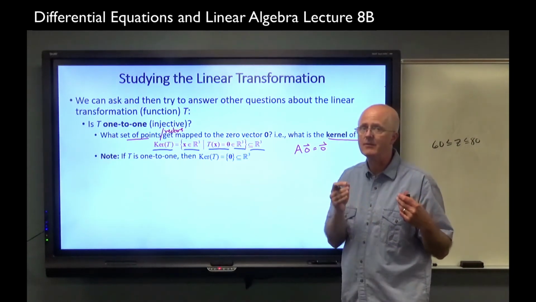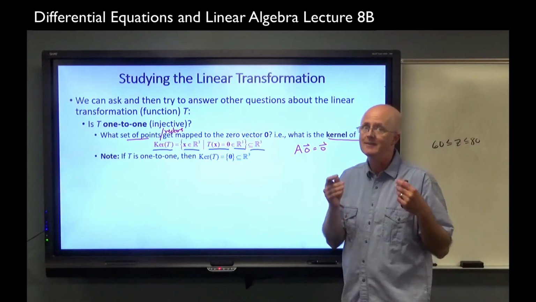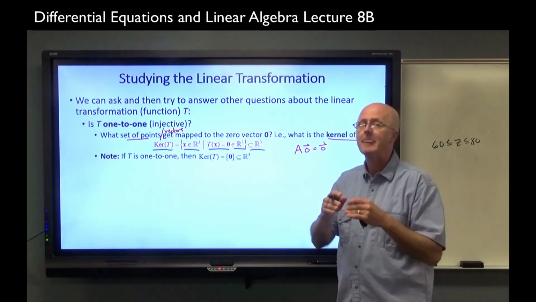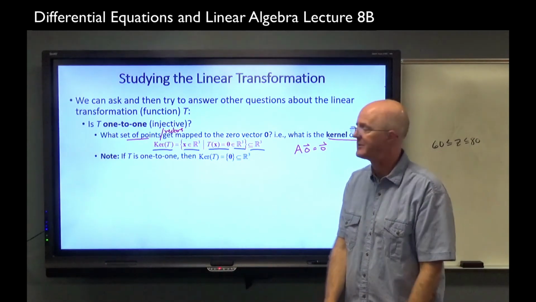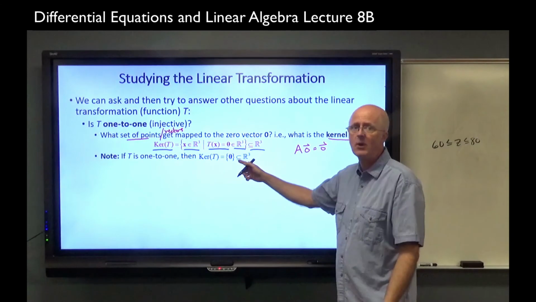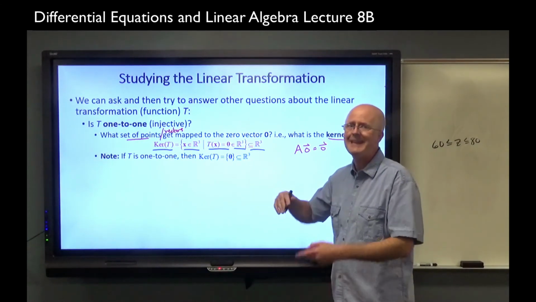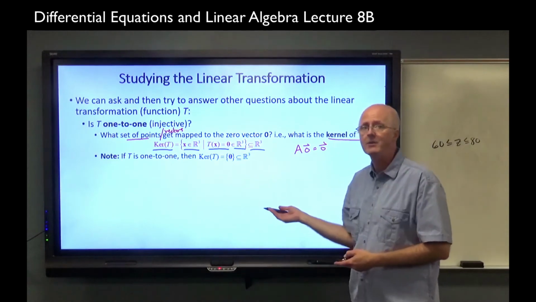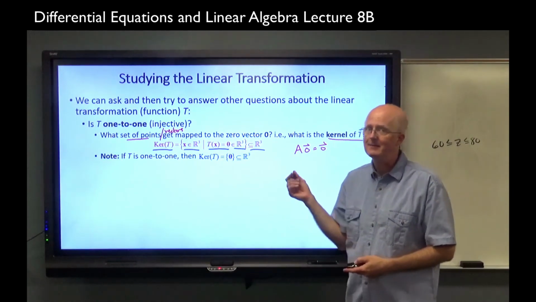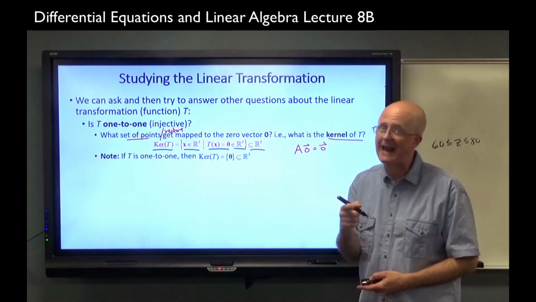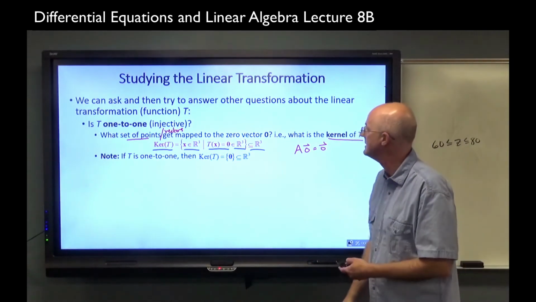So certainly the zero vector is in the kernel. This happens with linear transformations when you don't add constants. It does not happen in general for nonlinear transformations. And in fact, because T is 1 to 1, that's the only possibility. There can't be any other vectors in the kernel. On the other hand, if T is not 1 to 1, the kernel will include other non-zero vectors with linear transformations.